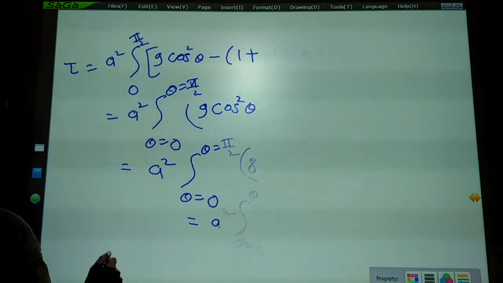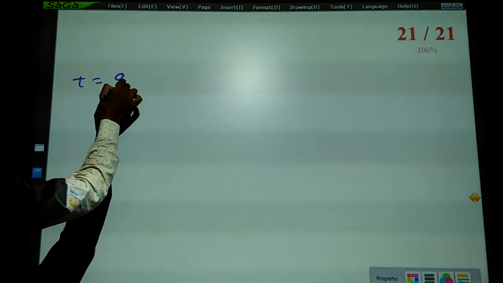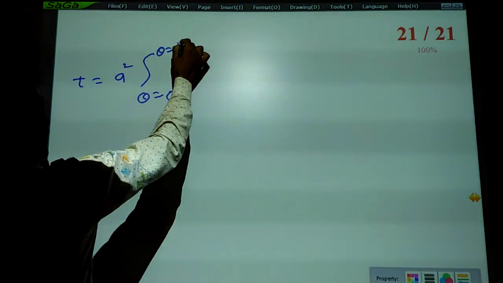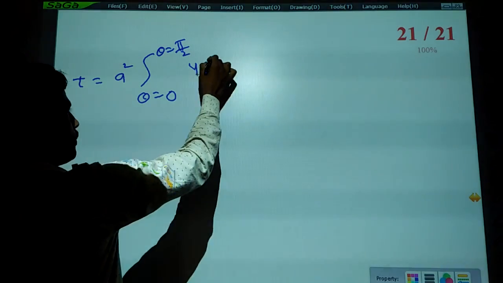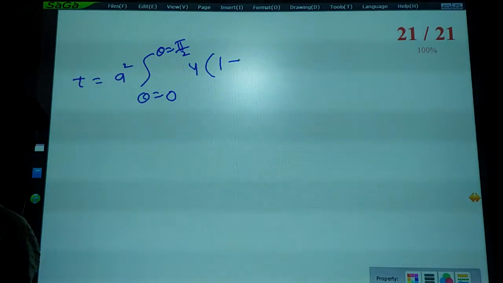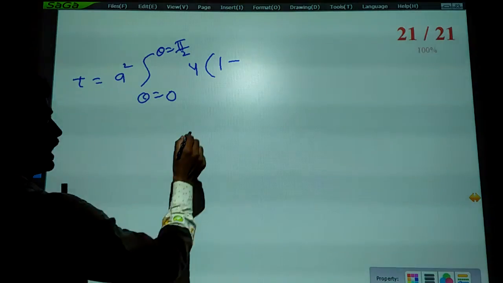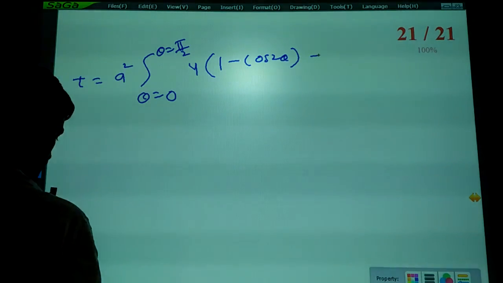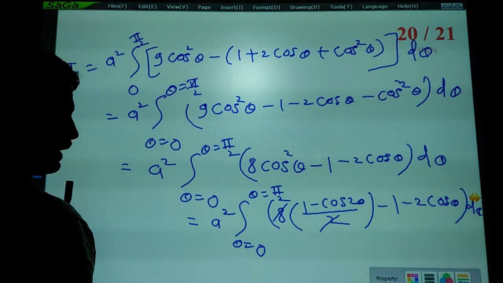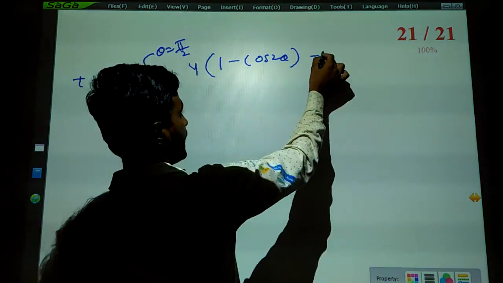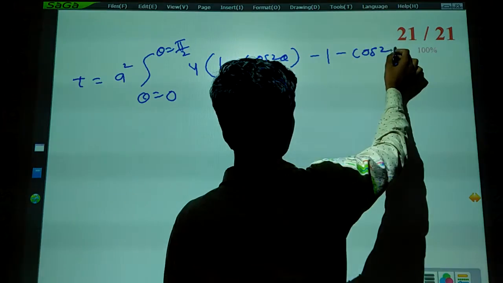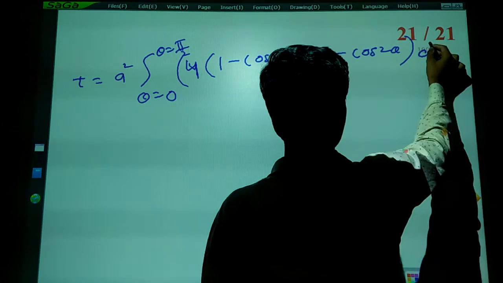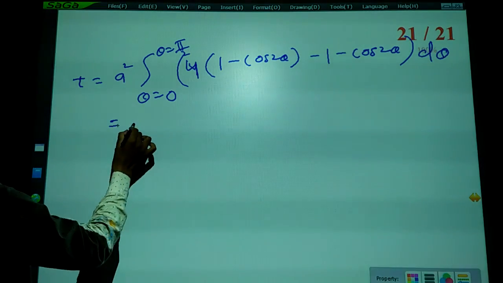So you will get I is equal to a square, theta from 0 to pi by 2, 4 into 1 plus cos 2 theta minus 1 minus 2 cos theta d theta. So multiply by that 4.